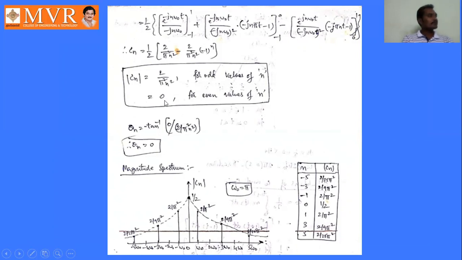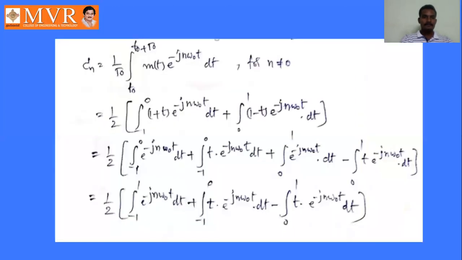For odd values of n, its spectrum is like this. Okay, this is the magnitude spectrum. For this problem, we don't have any phase spectrum. Why? Because the phase angle is 0. The imaginary term is 0. That's why we will consider only the real term. So the imaginary term by the real term is 0. Tan inverse 0 is 0 only.